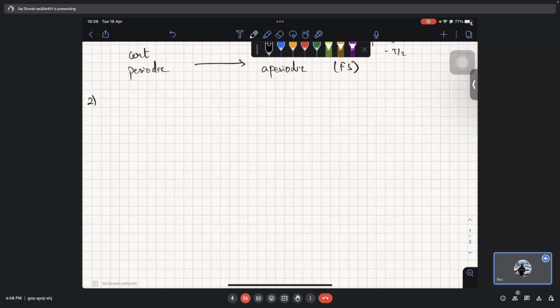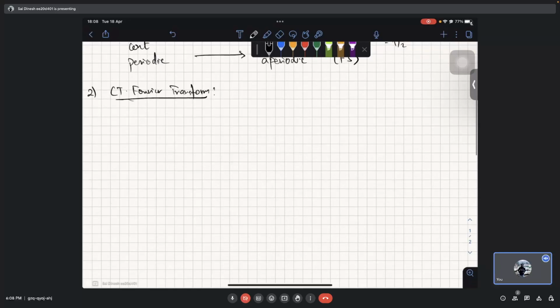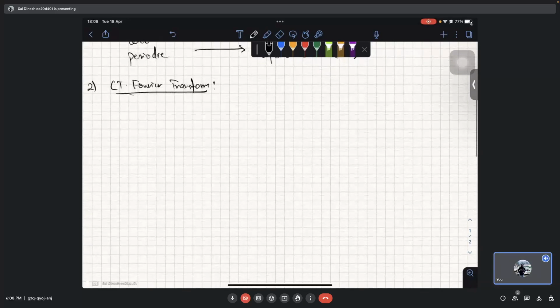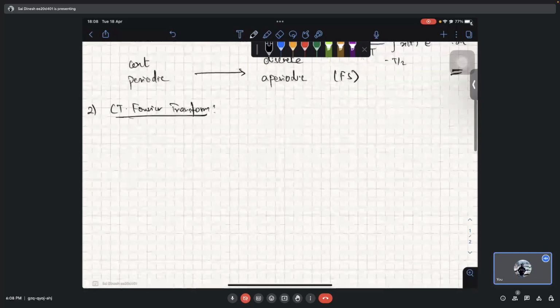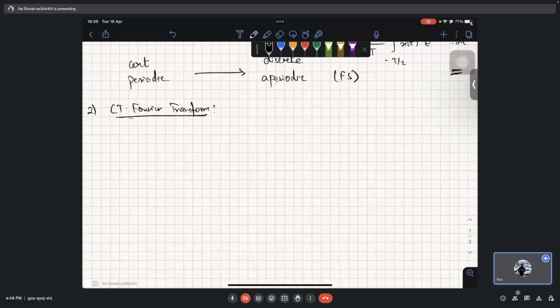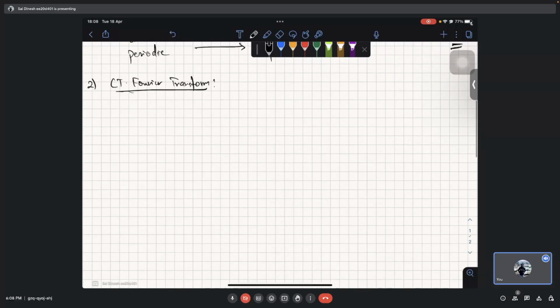The next one is the continuous time Fourier transform. This is actually one important Fourier expansion. The DFT that we are talking about will be somewhat related to that, but not exactly.